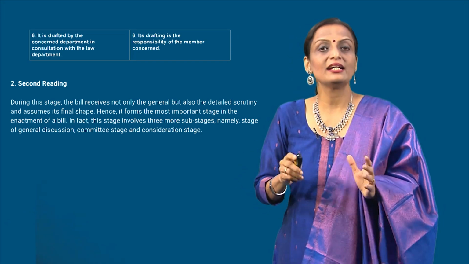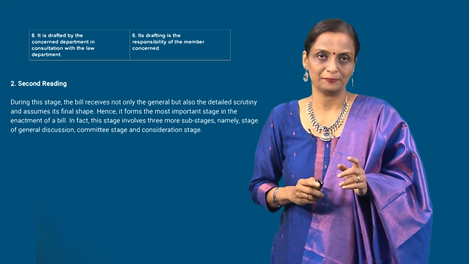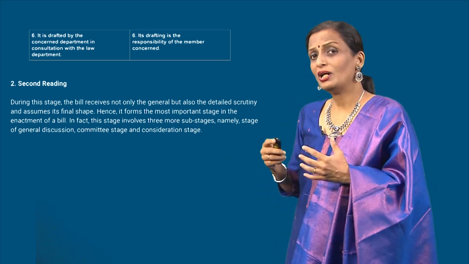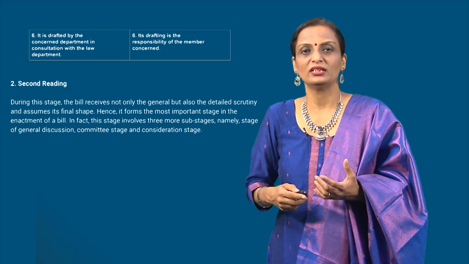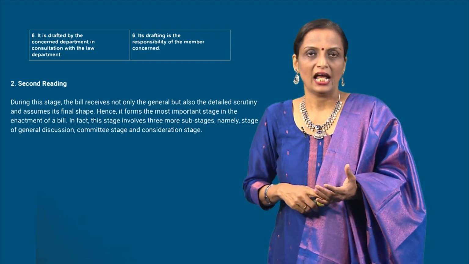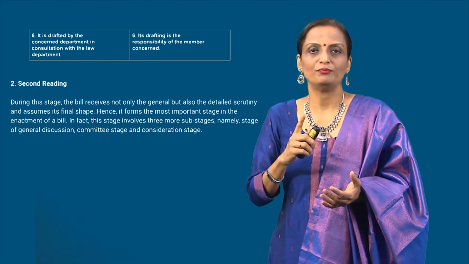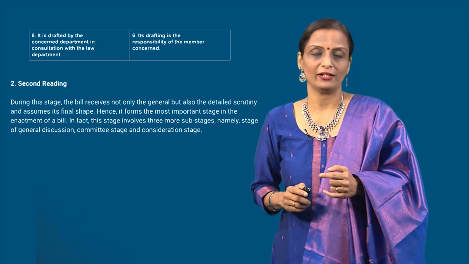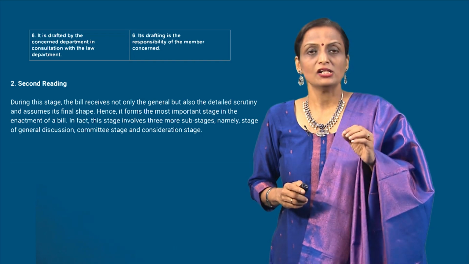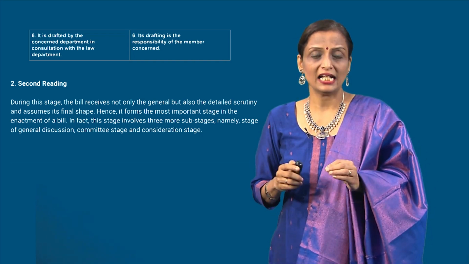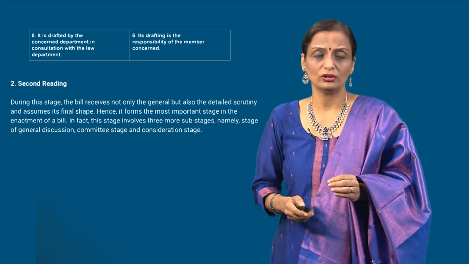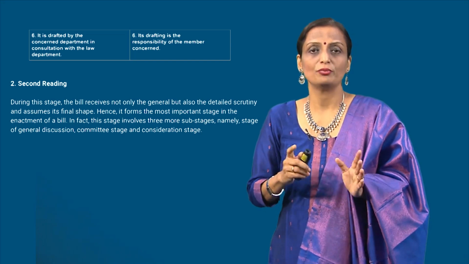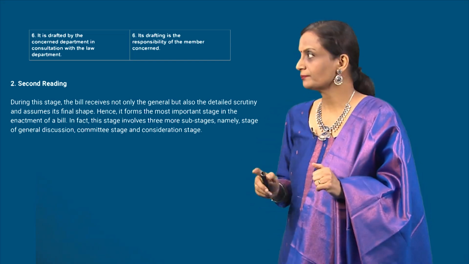These are the 3 parameters in the second reading, because you have to really look into the need and the necessity of passing the bill. This is the responsibility of the rule making body. The rule making body is responsible for a good law or a bill to be passed as an act.